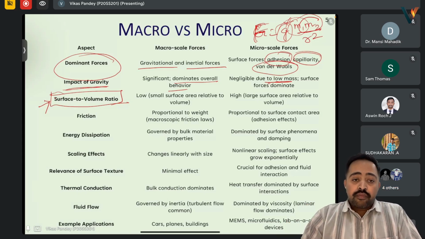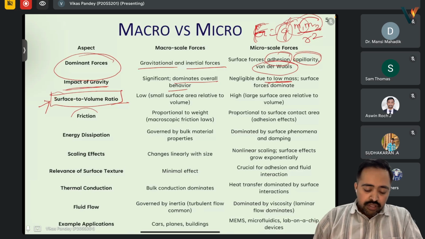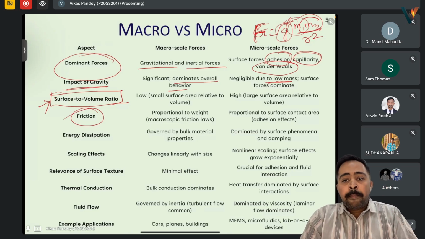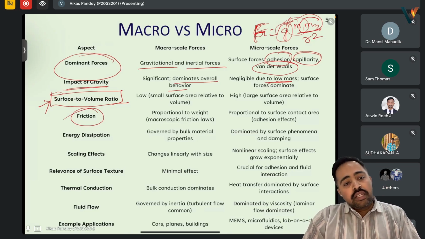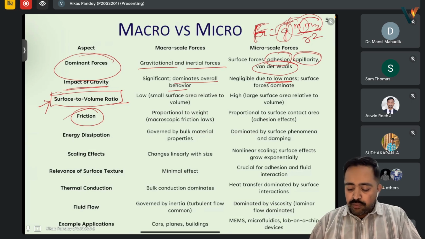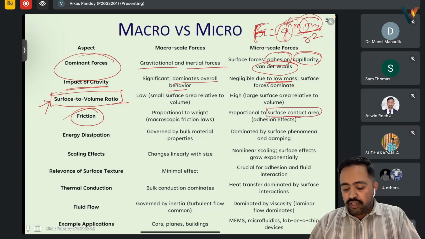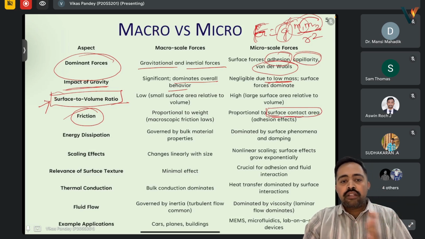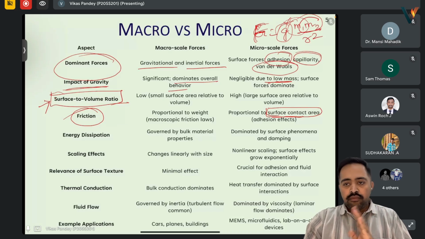Then at macro scale, friction is proportional to the weight, whereas in case of micro scale devices, it is proportional to the surface contact area. So again, mass or weight doesn't play much role here.